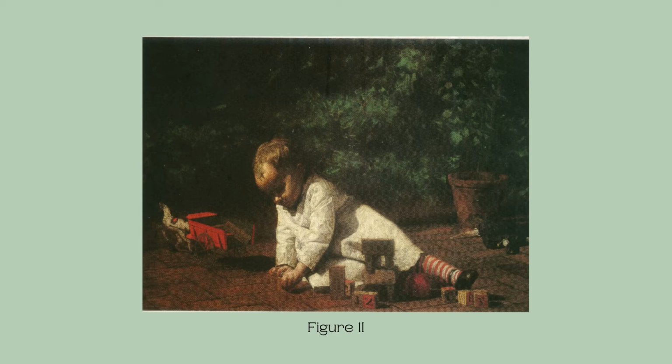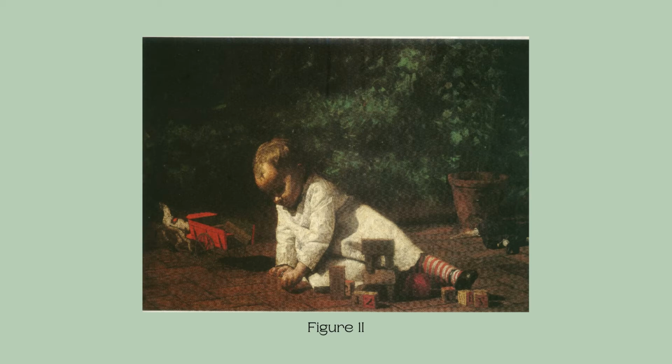Take a good and closer look at this painting by Thomas Eakins entitled Baby at Play. The complex shapes of the wagon and the child are informally balanced by the potted plant and the foliage in this casual scene.